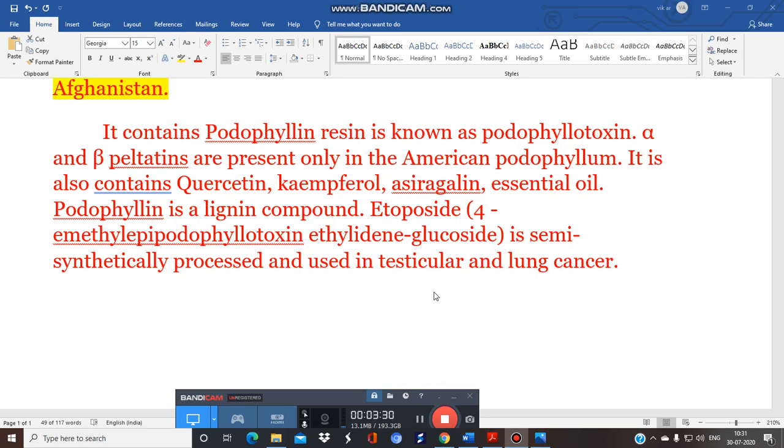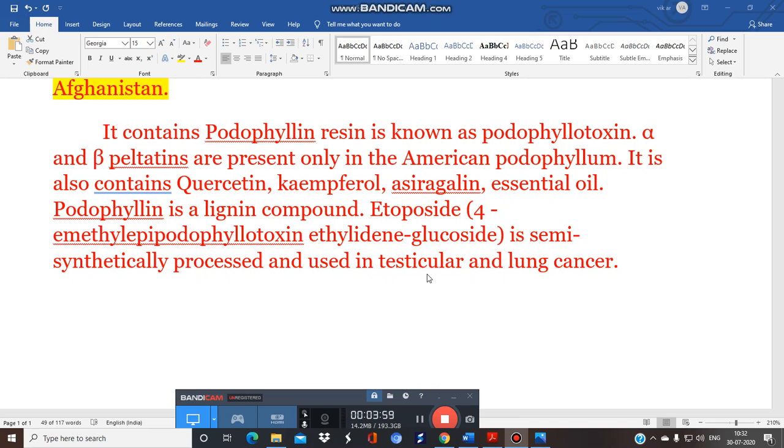Indian podophyllum contains 7 to 15% of resin known as podophyllin, and the resin content varies in root and rhizome. In most cases, root contains more resin than rhizomes. The active principle in the podophyllin resin is podophyllotoxin, which constitutes about 40% in the Indian variety.